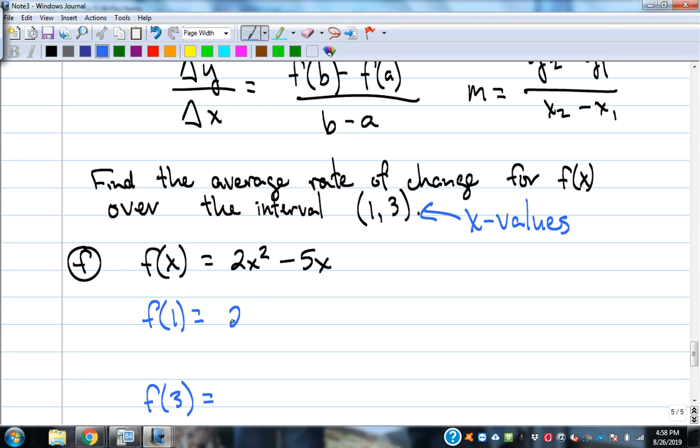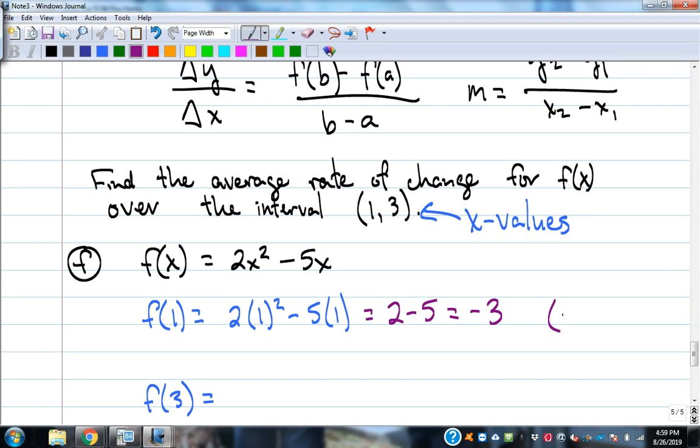So 2x squared would be 2 times 1 squared minus 5 times 1. We're doing function value there, going back to section 1 and using some of that stuff. So 2 times 1 squared, 1 squared is 1, 1 times 2 is 2. So that'd be 2 minus 5, which is negative 3.